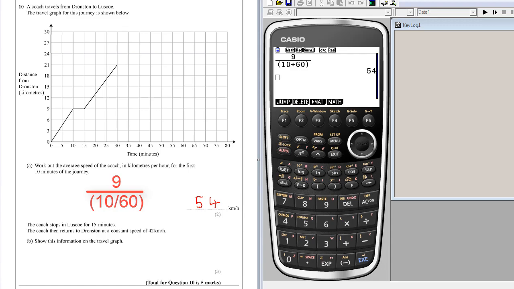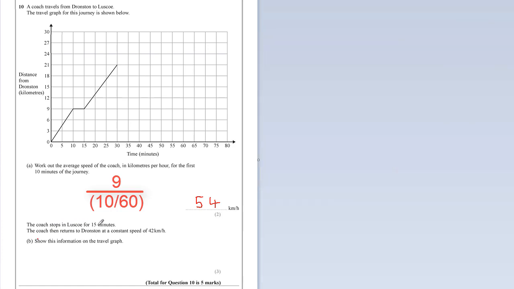Now part B. The coach stops in Lusco for 15 minutes. The coach then returns to Dronston at a constant speed of 42 kilometers per hour, and we are asked to show this information on the travel graph. Okay, the 15-minute stop. Speed is 0, so we draw a horizontal line for the 15 minutes.